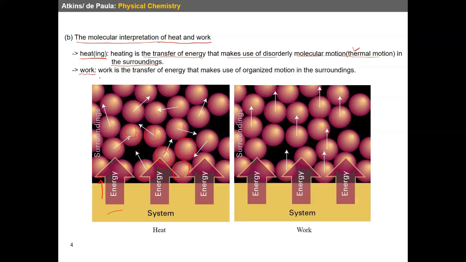However, work is a transfer of energy that makes use of organized motion in the surroundings. What this means is they have a certain direction. So if there is some work done by the system, the system transfers energy to the surroundings, but the energy transfer by work makes an orderly motion.